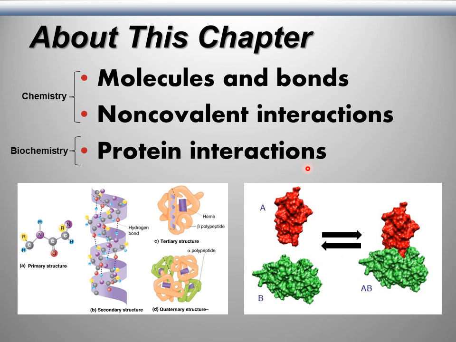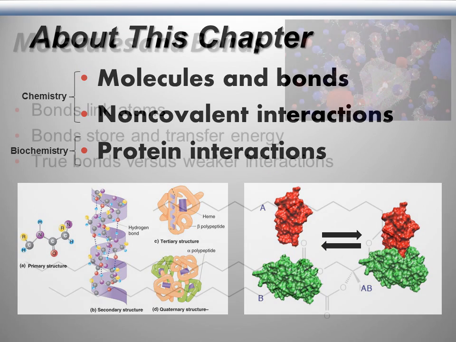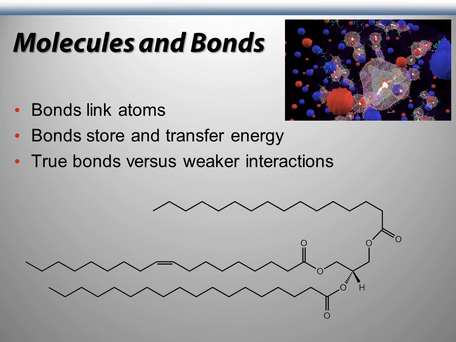Many times you need protein interactions in order to achieve function. So molecules and bonds, this should be stuff that you already understand: bonds are ways that atoms are linked together. They can involve electron transfer, or sometimes they involve electrostatic charge.